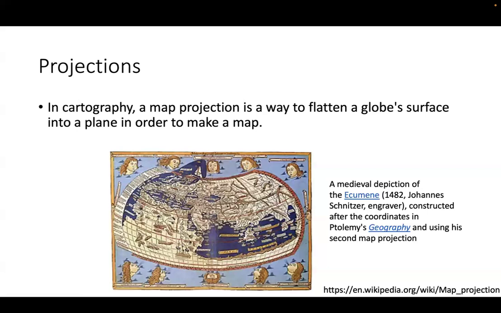So, a projection actually means how we see our earth on a piece of paper. That is called projection. The concept of projection first came from the European countries in the field of cartography.